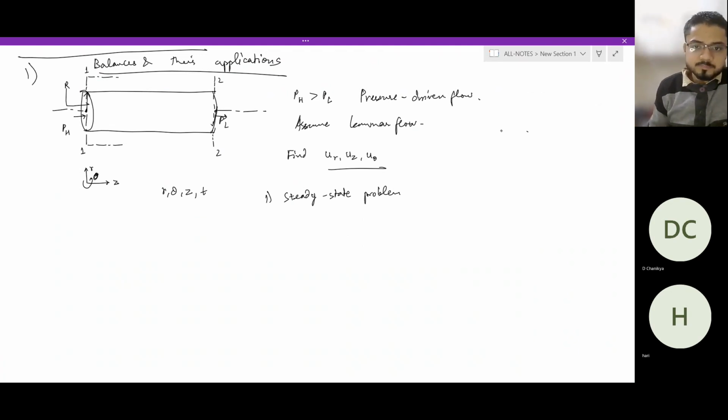So this means that the time term drops to 0, right? Or it could be just neglected.